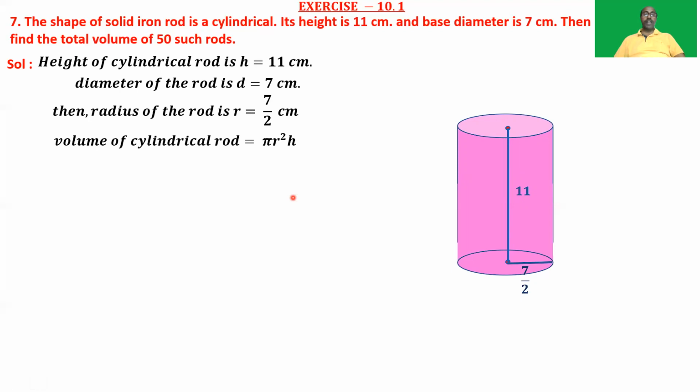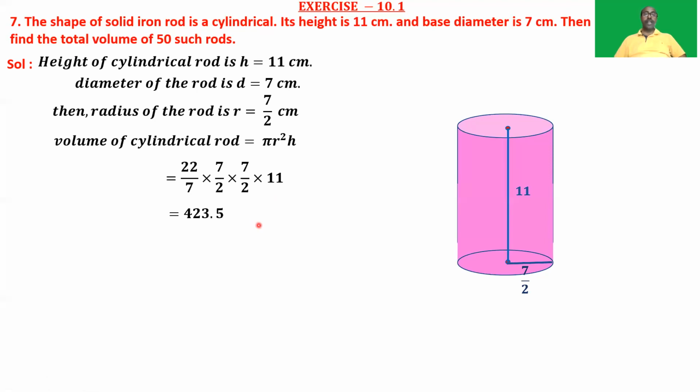The volume of a cylindrical rod is pi r square h. Substituting the values of h and r in this formula, we get 22/7 into 7/2 into 7/2, and h is 11, so into 11. By simplification, we get 423.5.